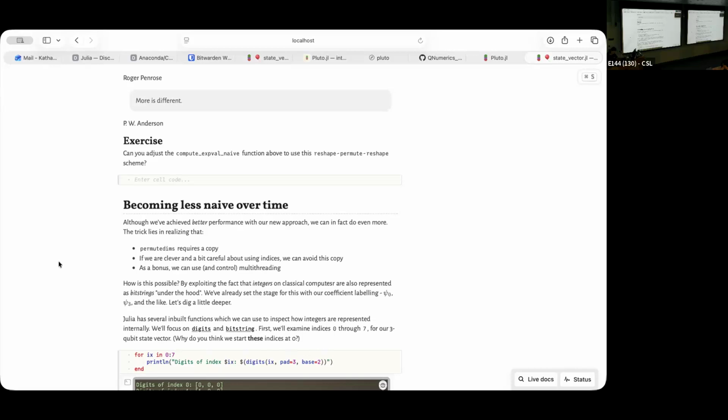Yes, and size 7 needs to switch. That's the permutation. When you apply the gate, you would permute this and then apply.